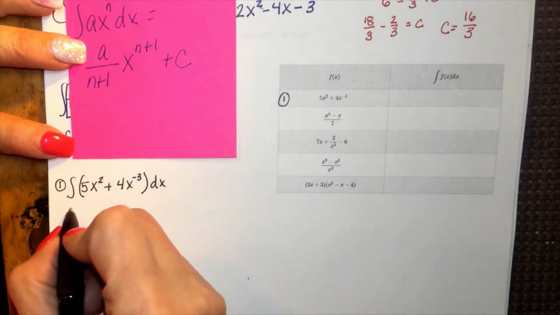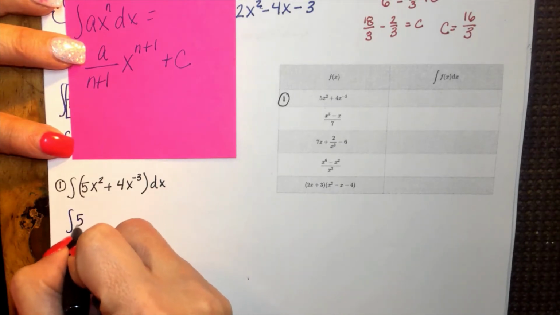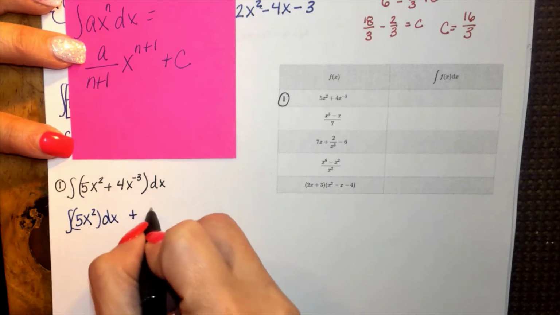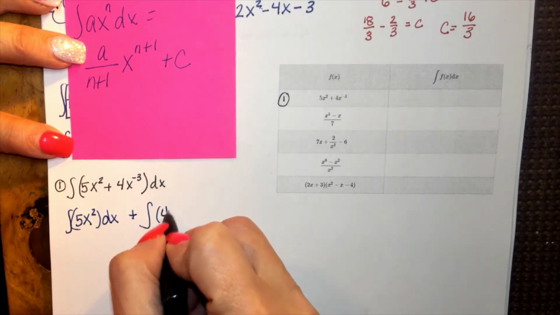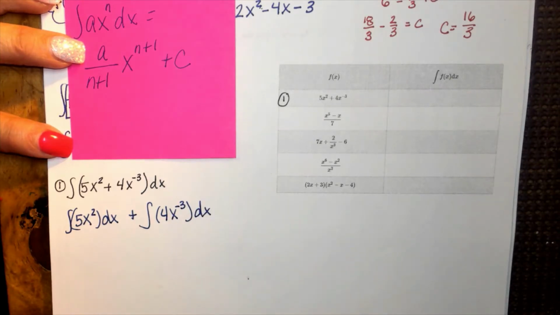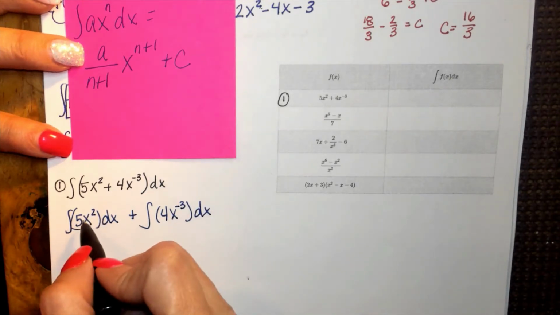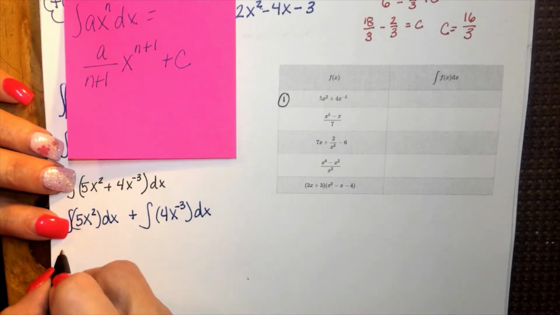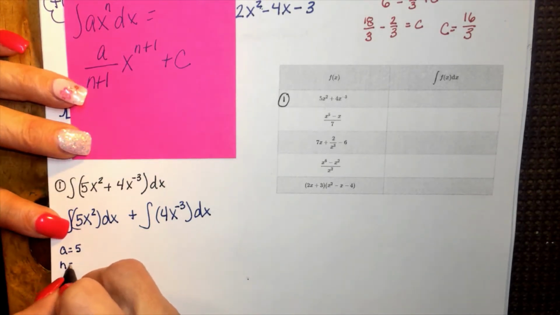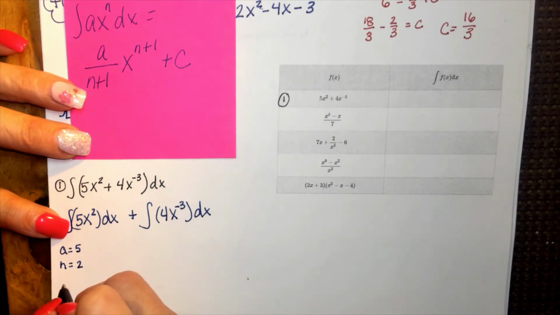Okay, so on the first one, I'm going to do the integral of 5x squared plus the integral of 4x to the negative 3 dx. All right, I'm going to integrate this first one. On the first one, a is 5 and n is 2.